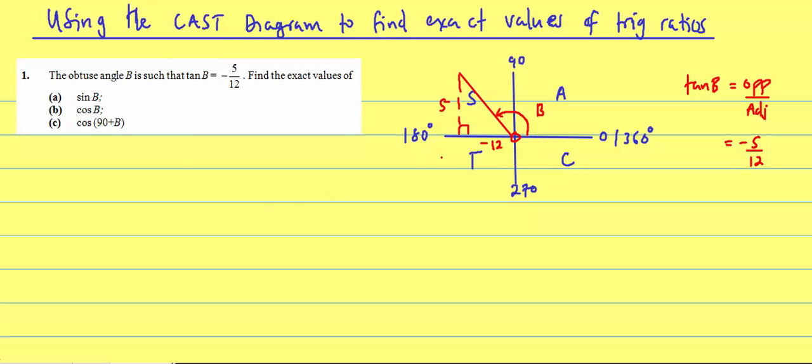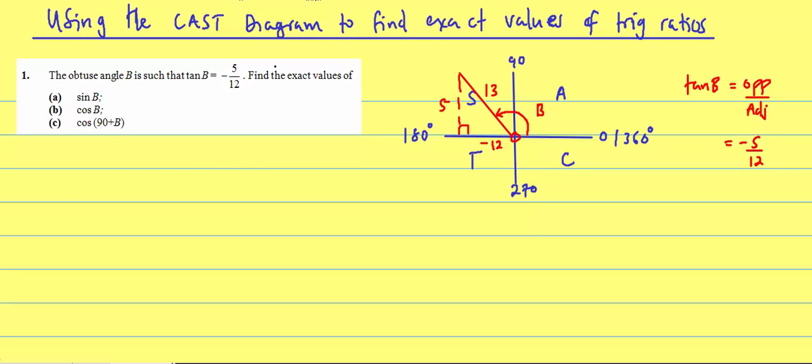Okay, now we can use Pythagoras' theorem to find the length of the hypotenuse, and I'm pretty sure you'll be able to do that. So 12 squared plus 5 squared is going to be 169, and the square root of 169 is going to be 13, so the hypotenuse is going to be 13 units.